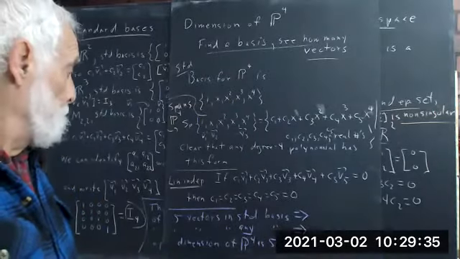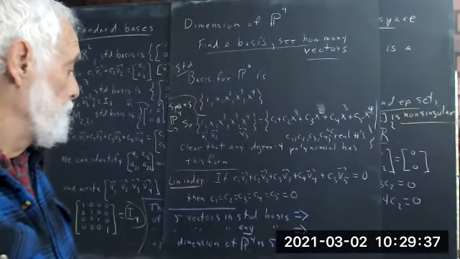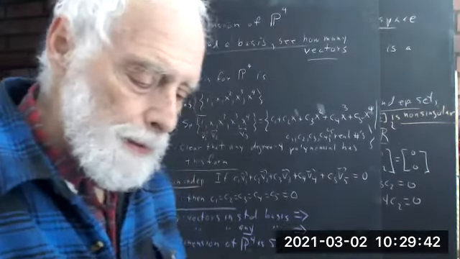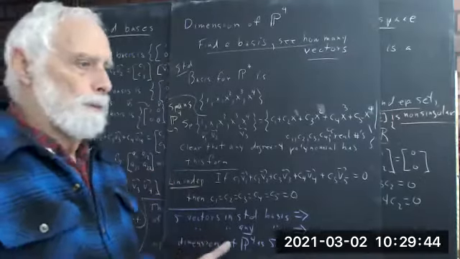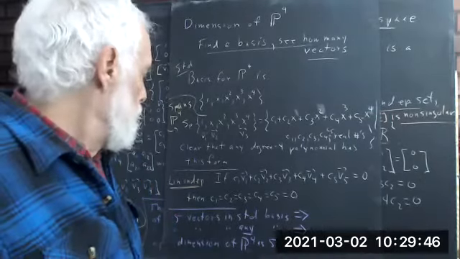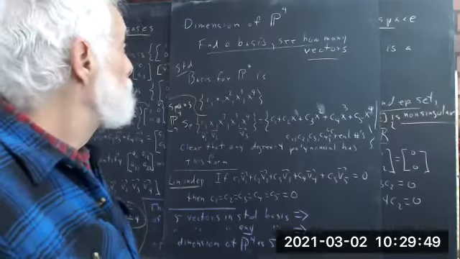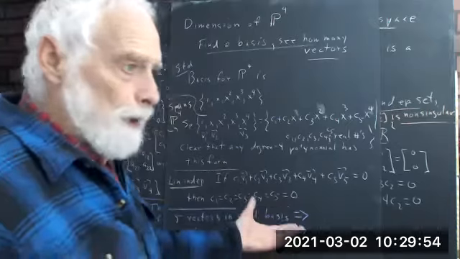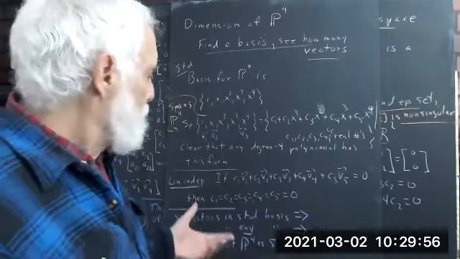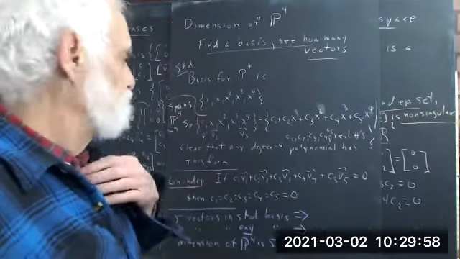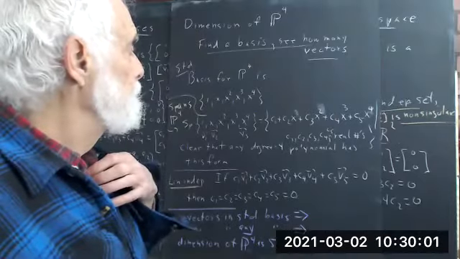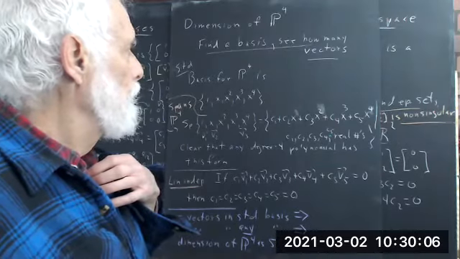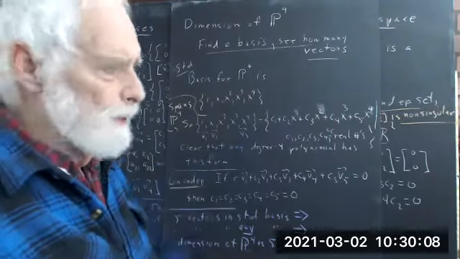Okay. Now there's more to it, but not all that much more. We can look at other bases. Okay. Other bases for, deciding which space I want to look at.